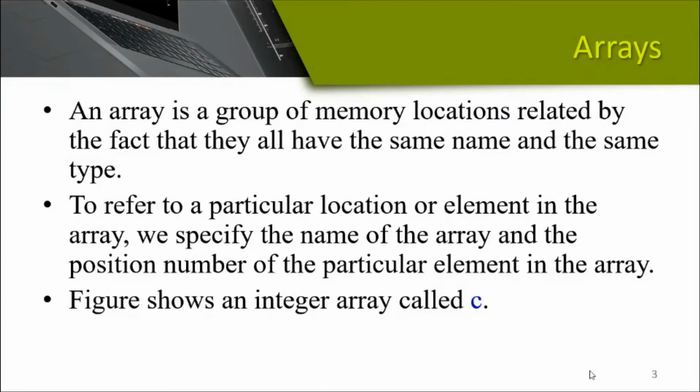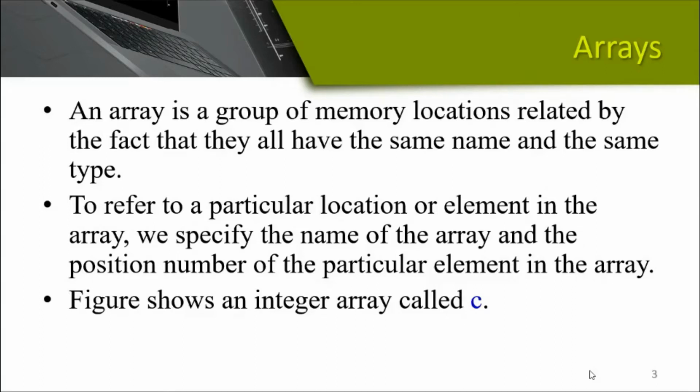And this array will have a single name itself. If I define an array of size 100, I can store 100 elements with the same name. That is the peculiarity. With the same name, I can store all these 100 values. I don't have to go for 100 different names to store these 100 different values.